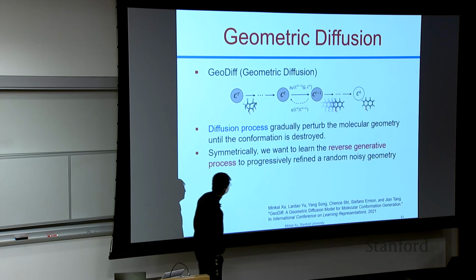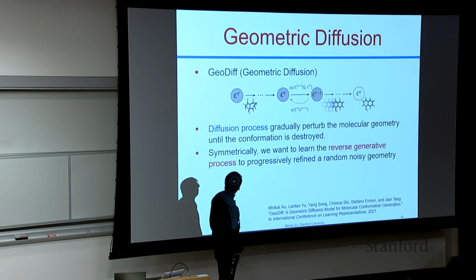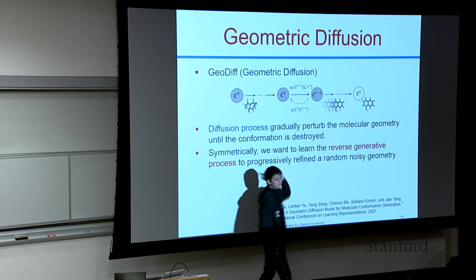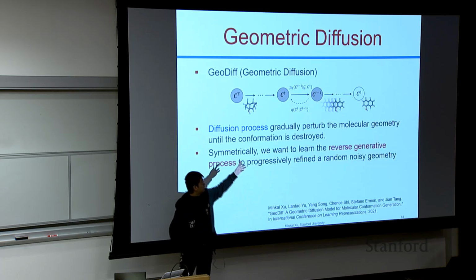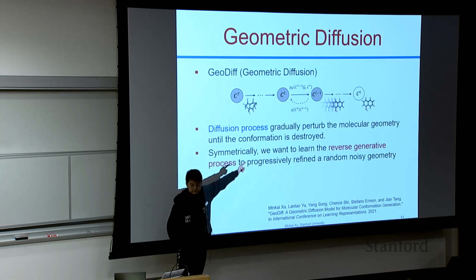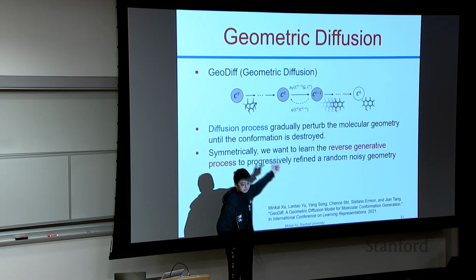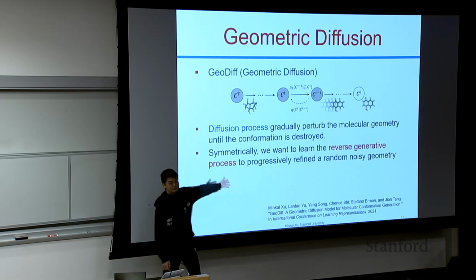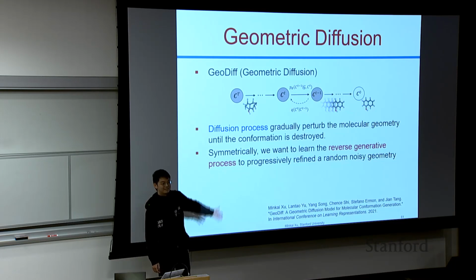This is what we do: for given data C0, exactly the same idea. We add noise to destroy it and learn the reverse process to progressively denoise to generate data. However, I want to introduce the work in a very intuitive way.